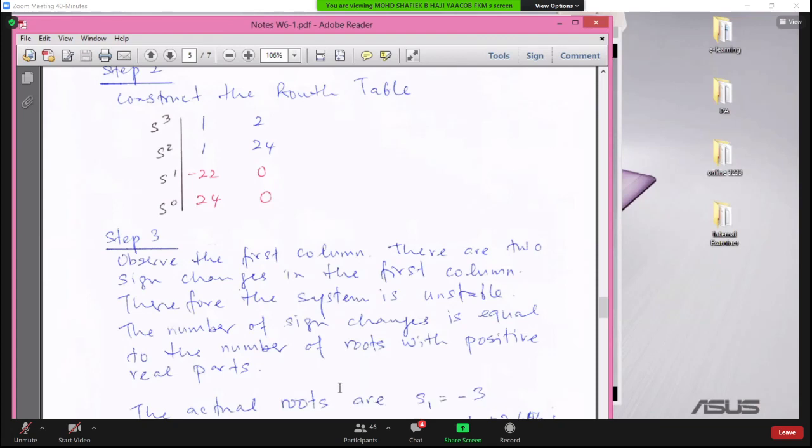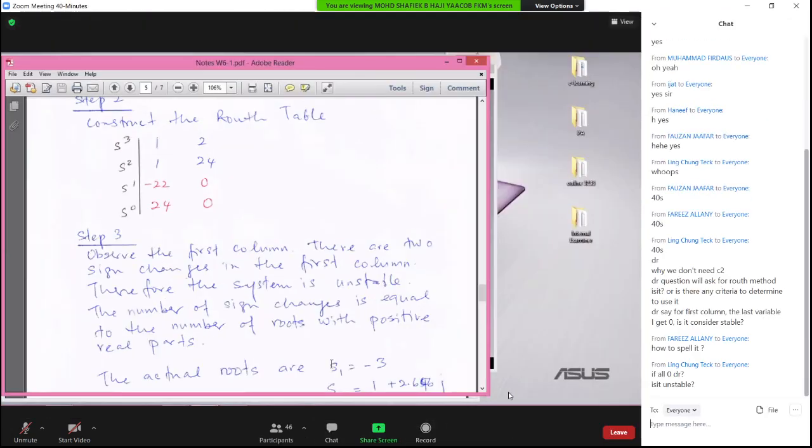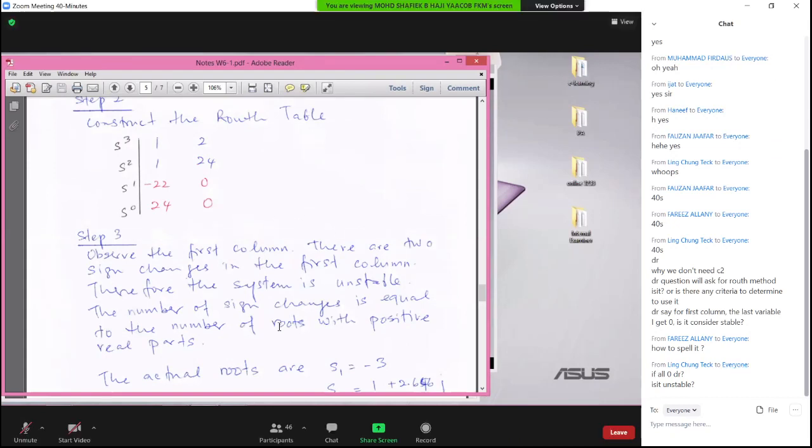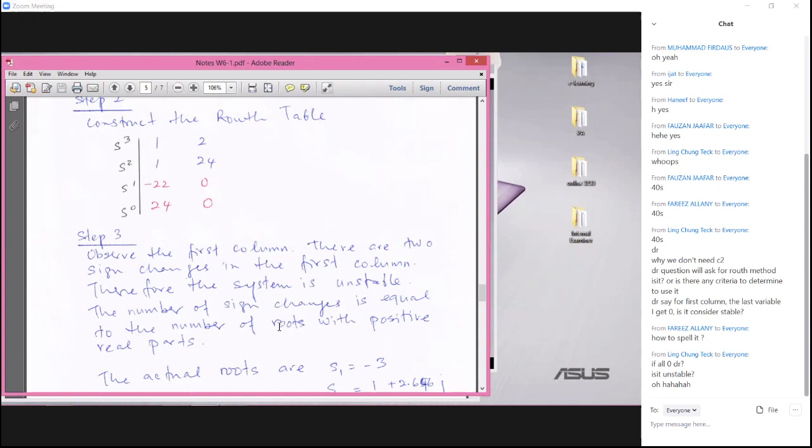If all zero, then you don't have a system. You have nothing. Everything is zero. No, you're not going to get all zero. All zero means that you don't have a characteristic equation.